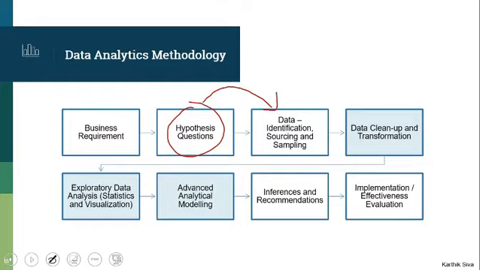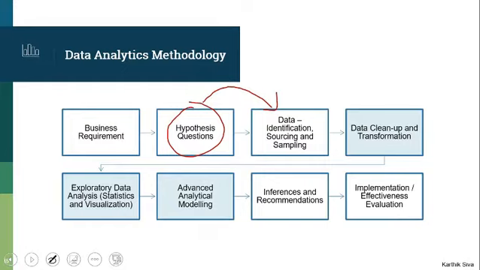We identify where we are going to get that information, not just rate card, any field. We try to sample the data. There are many data types, many sourcing areas, and many sampling techniques. We sample the data and then we bring it into our system.